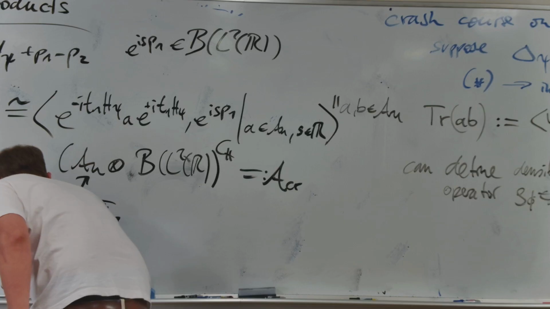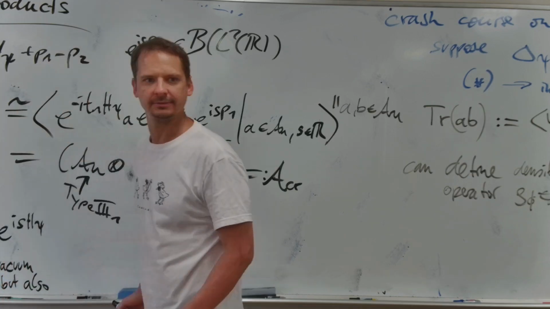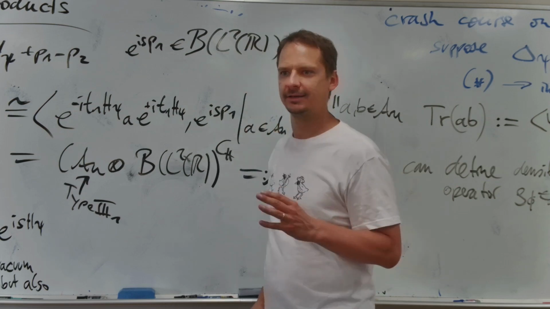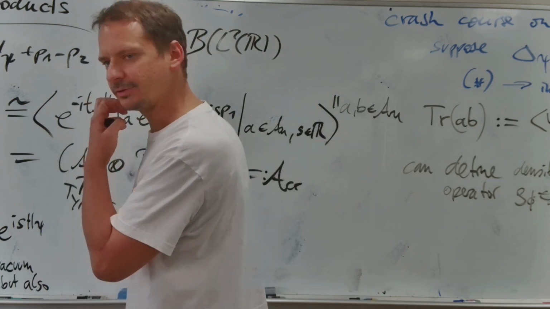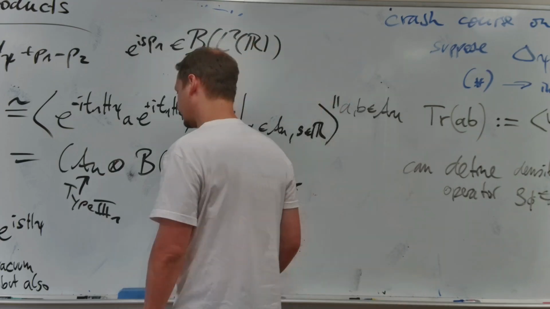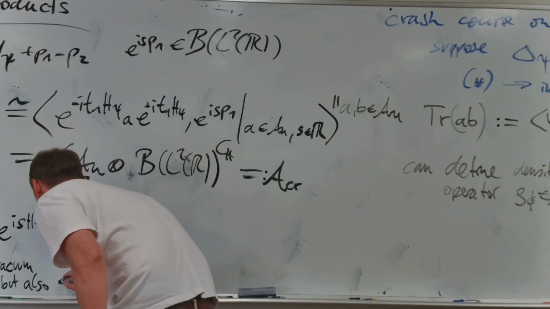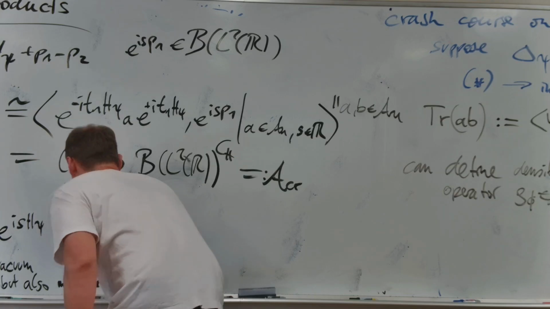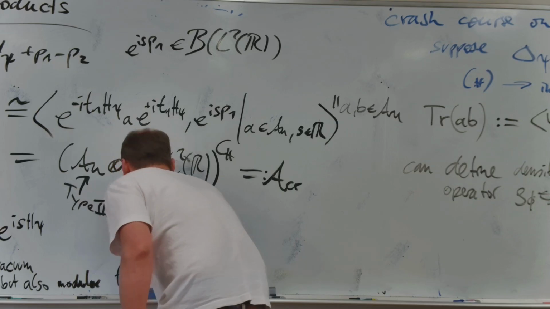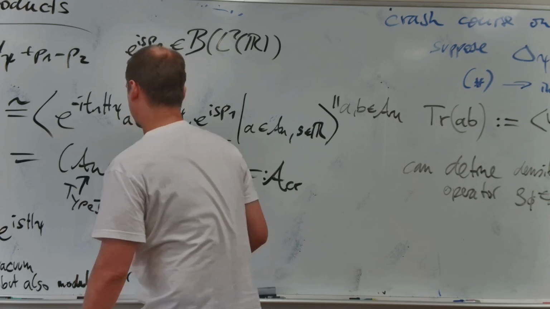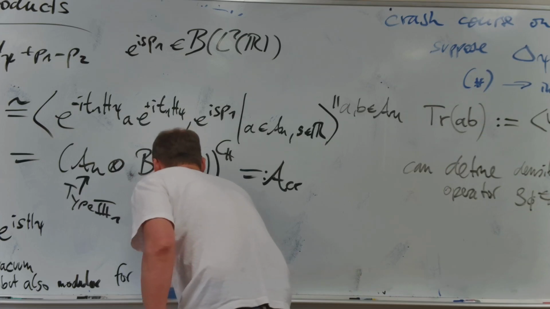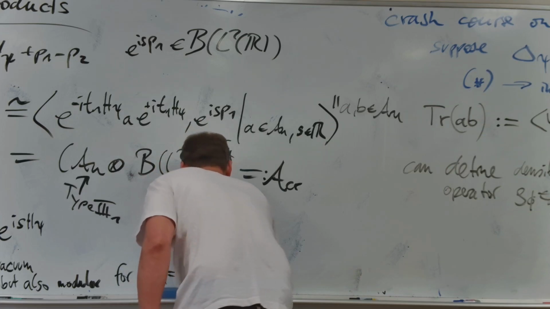But you can convince yourself, and it goes a little bit along the question of how you check that you can still have a cyclic separating vector. You can check that this is modular for T1 equals 0, psi.